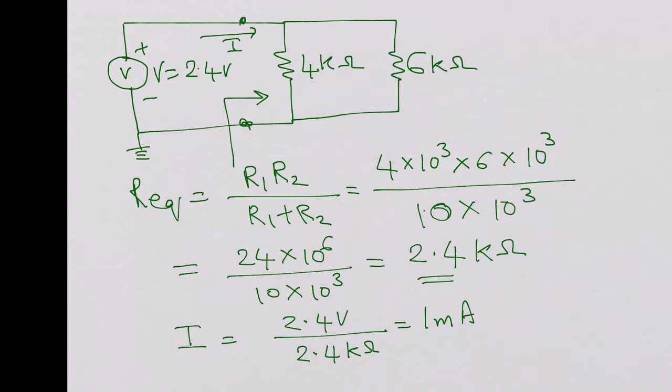Out of the 1 milliamp, if you want to calculate what flows through this resistor and what flows through this resistor, we can easily find that.